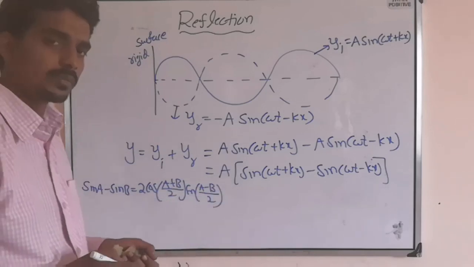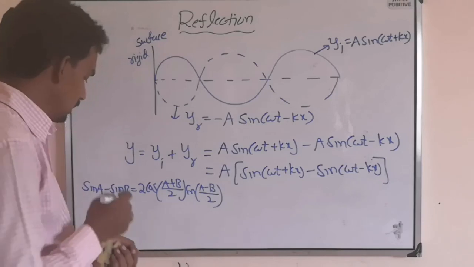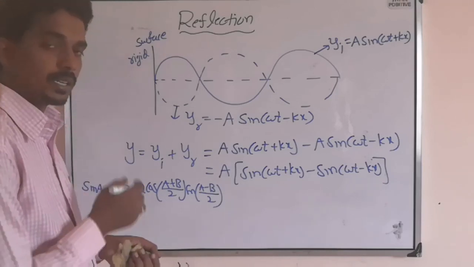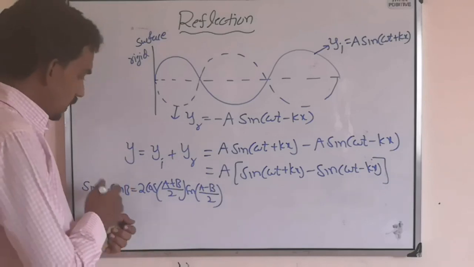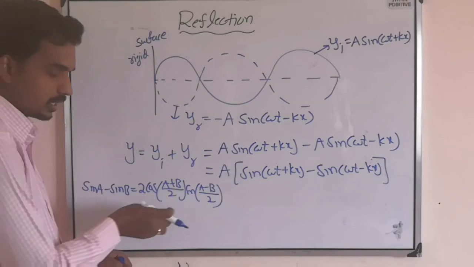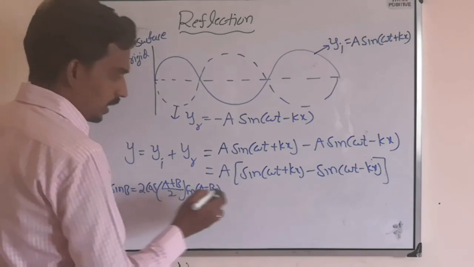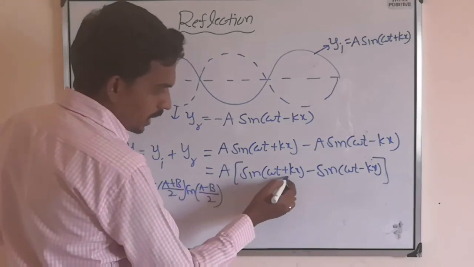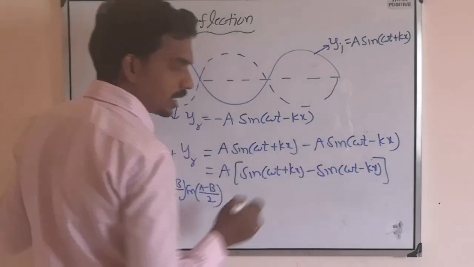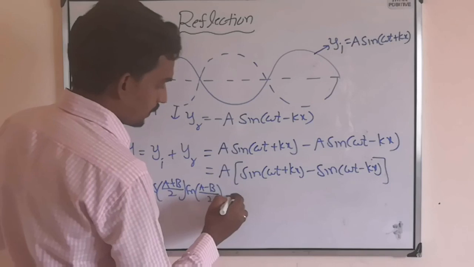You have the formulas for sin A plus sin B, sin A minus sin B, cos A plus cos B, cos A minus cos B. Here we are using the sin A minus sin B formula, where A is omega t plus kx and B is omega t minus kx.